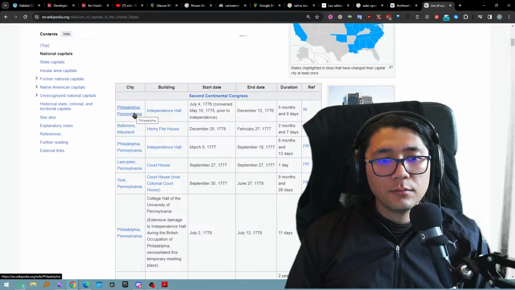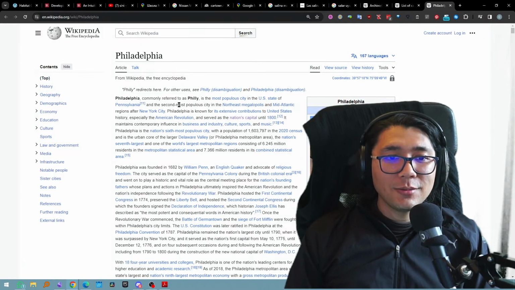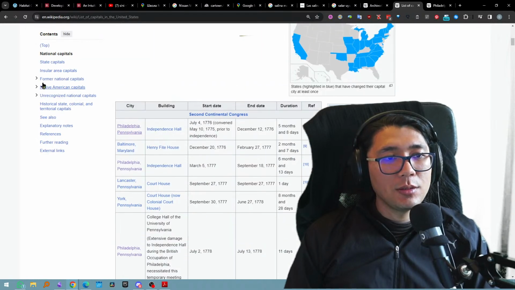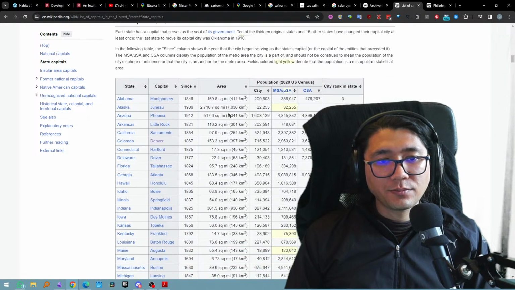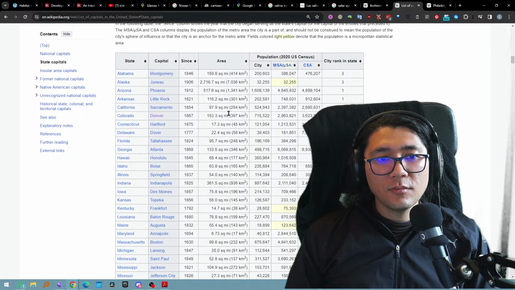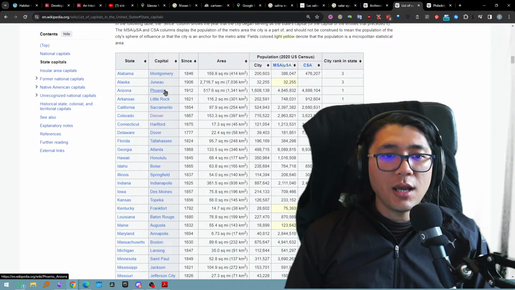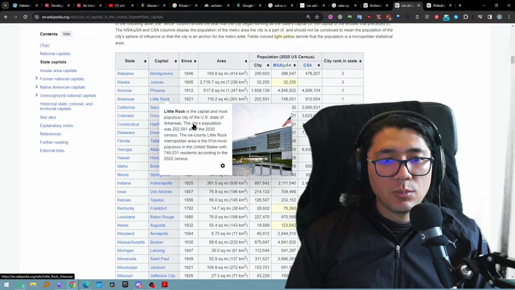Philly. Okay, I think Philly is the biggest in Pennsylvania, right? Oh, the second. Oh no, the most populous city in the state of Pennsylvania. Oh, served as the nation capital. Okay, I'm seeing national capitals. Okay, state capitals. Montgomery. Okay, this one isn't. This one I think could be Phoenix. Capital and most populous. Little Rock.